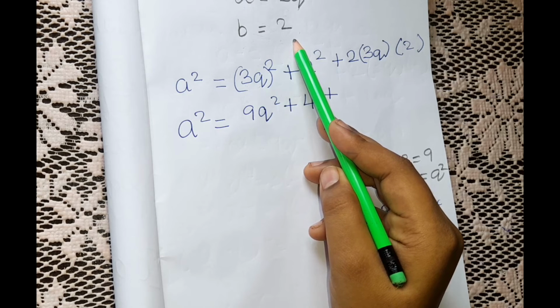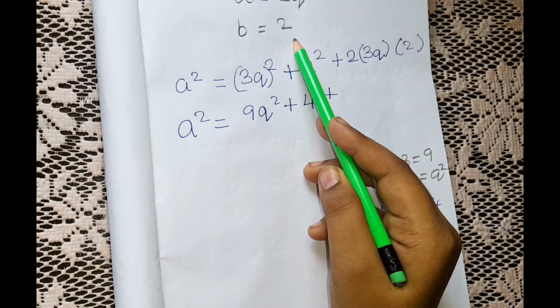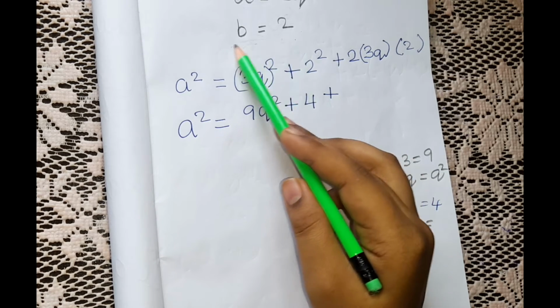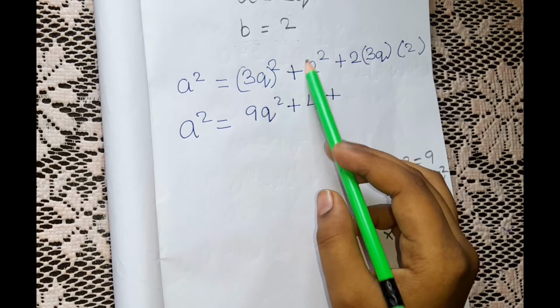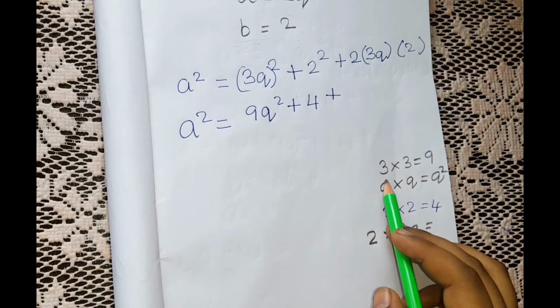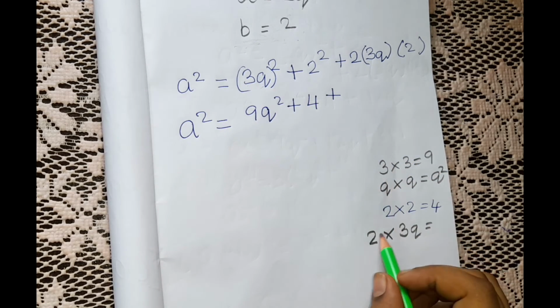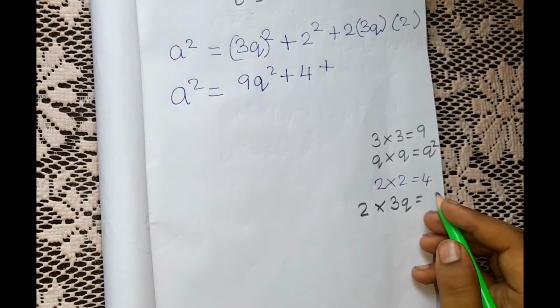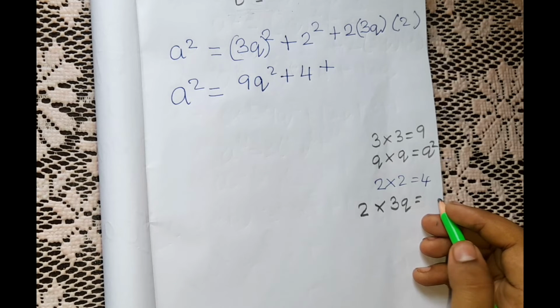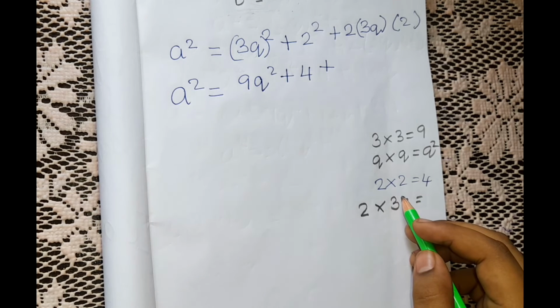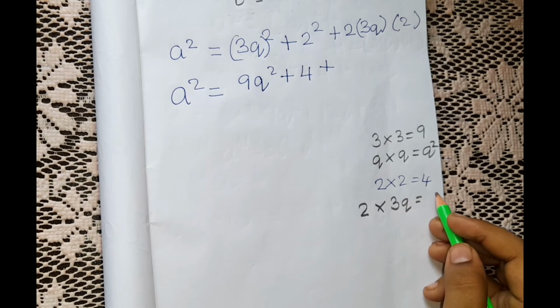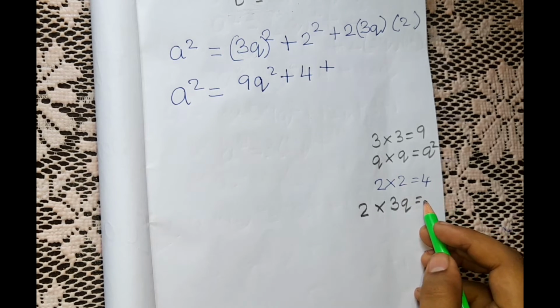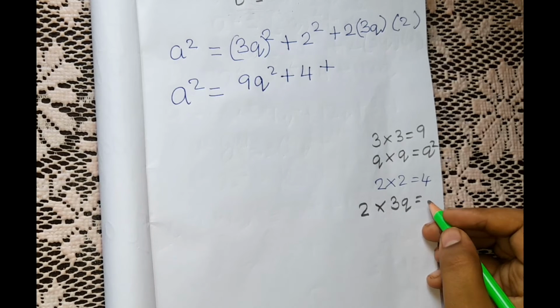Why did I write this? For your understanding. So don't take this as an answer. Whatever I am writing in pencil, I am writing it to make you understand that if it is in the exponent form we have to do into like that and all. Now I am writing it in the pencil. Please don't write those. You can do it in the rough work.